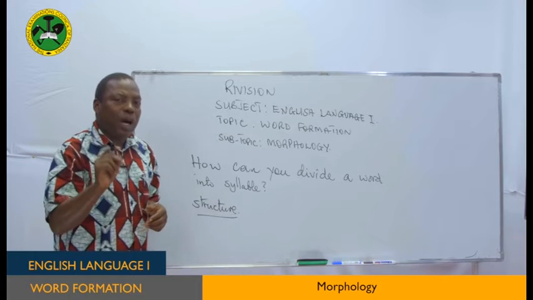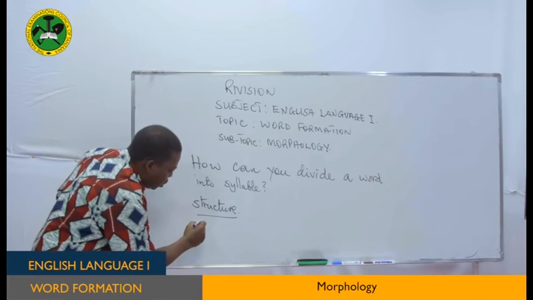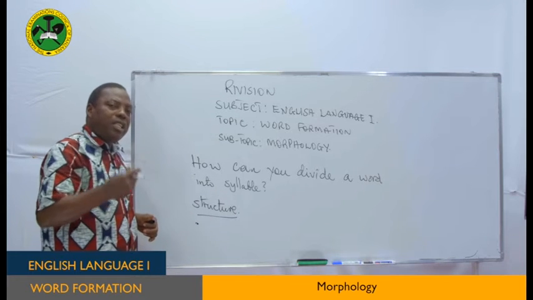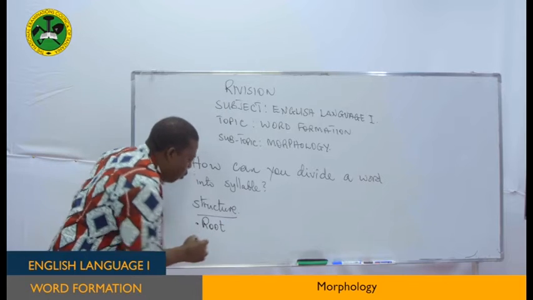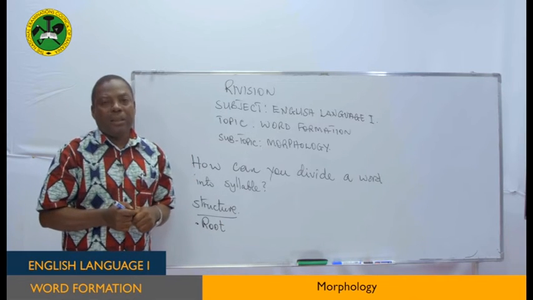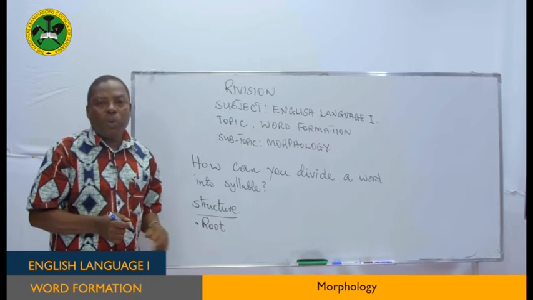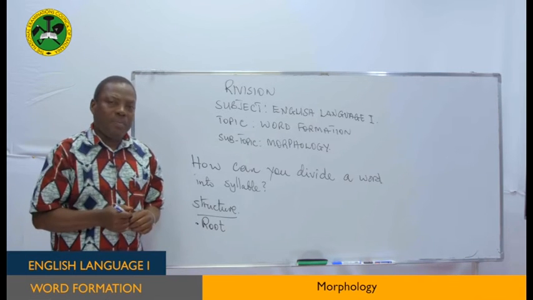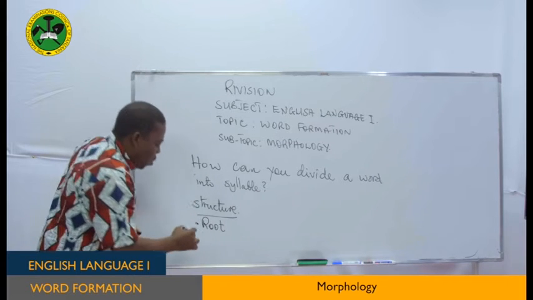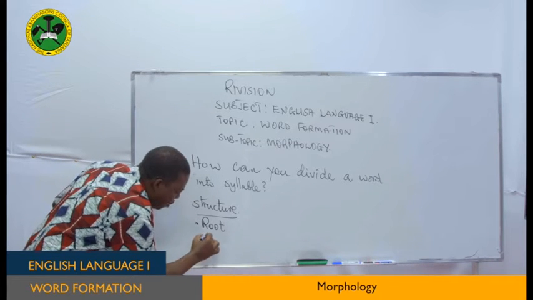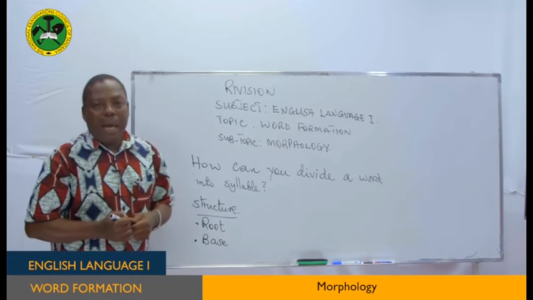In understanding the structure of a word in a language, we need to know how the word is built. So from the way a word is built, you will never run away from understanding what a root is. And then after root, we'll see something bigger than it, which is a base.